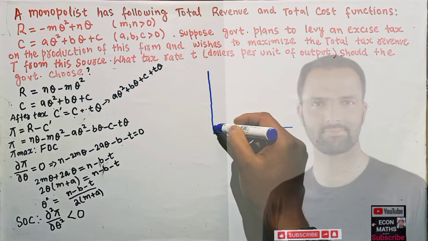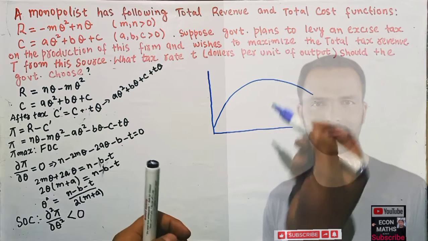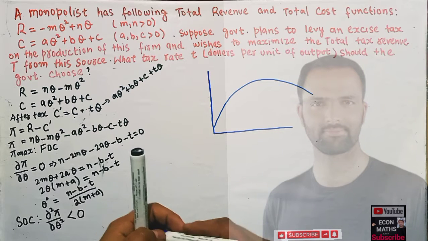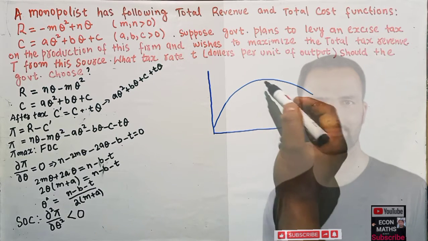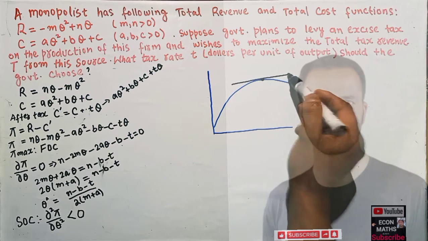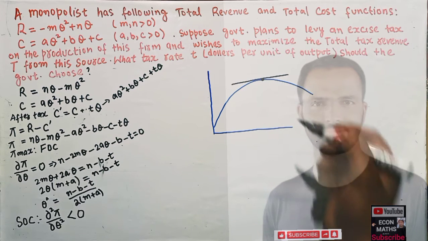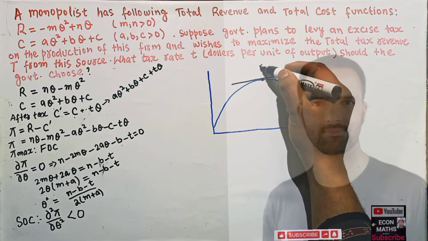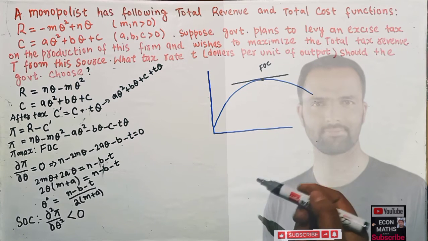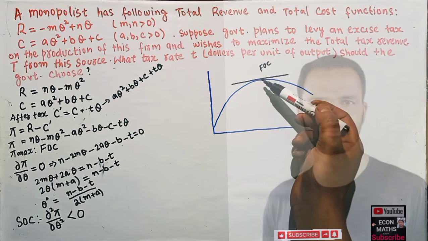Let us say this is our profit function. The first order condition is applied where the slope of the profit function is 0. So let us say this is a point where, if we draw a tangent, the slope is 0.